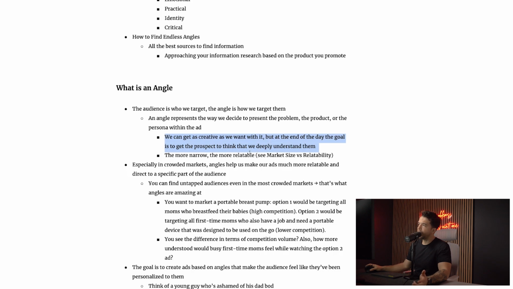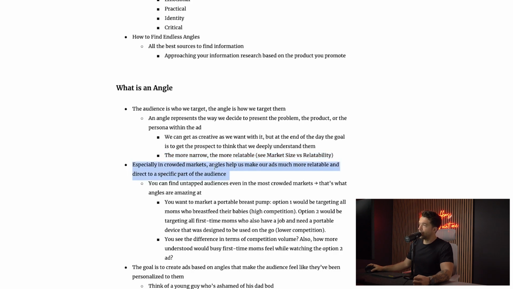In the audience chapter, we talked about the market size versus relatability problem. And what we want to do with the angles is understand that the more narrow we go, the more relatable our ads will be. For that reason, the more people will feel like we understand them, and they have finally found a brand that understands their problem, their needs, and so on.